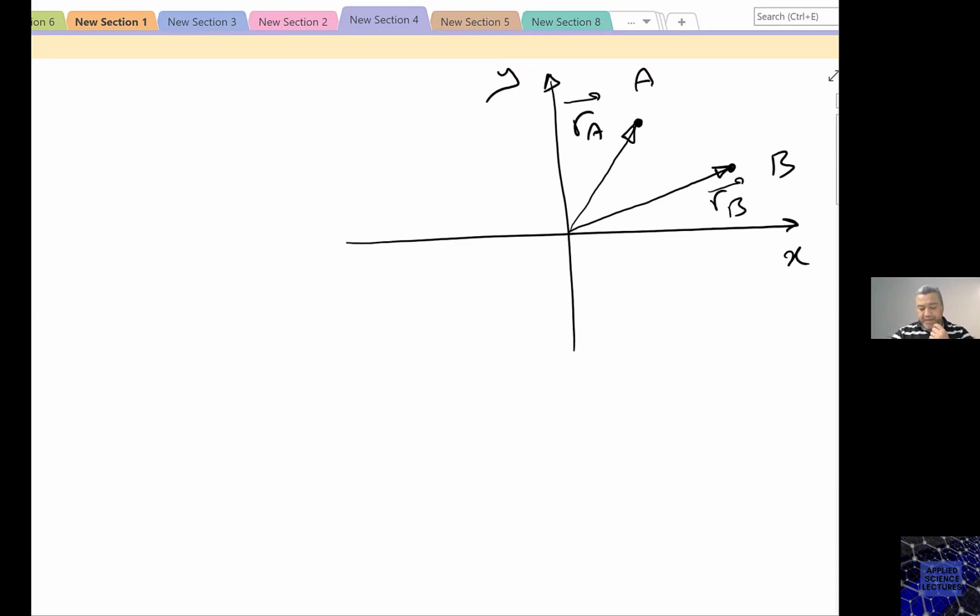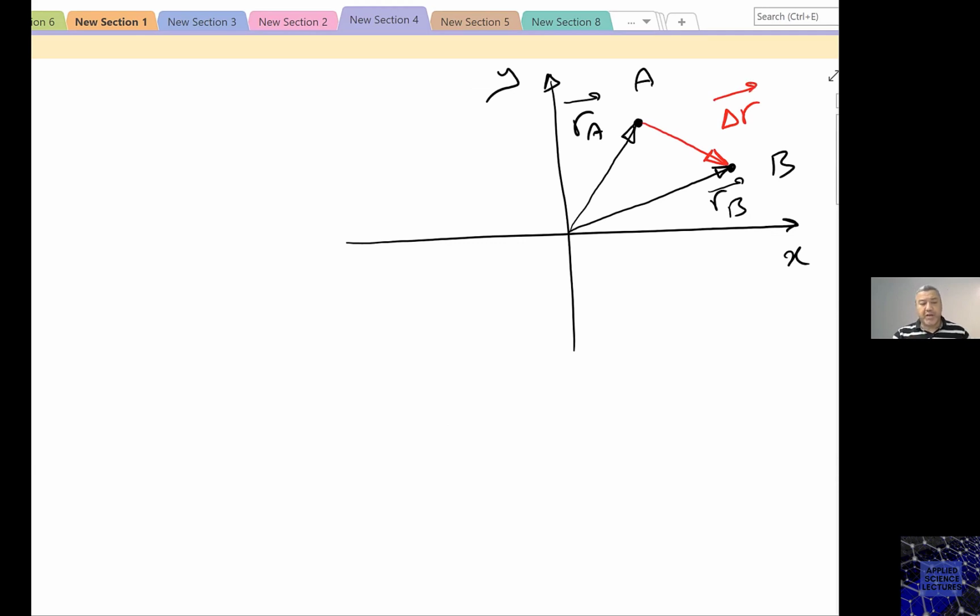So the delta R, which is the displacement between position A and position B, is represented by this vector, starting from the initial, ending at the destination. This is delta R as a vector.